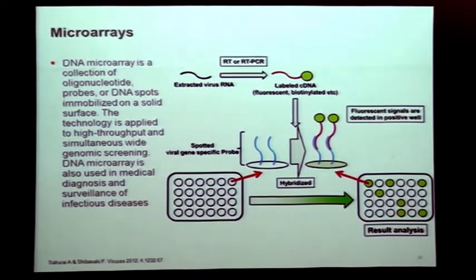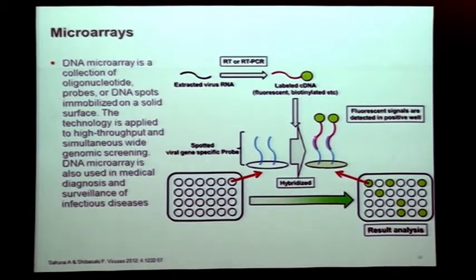Then after reverse transcriptase or RT-PCR, you will add on the amplified genome from your sample a label. After, you will just add your amplified product on the slide.